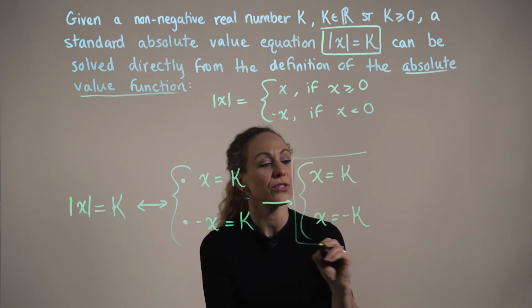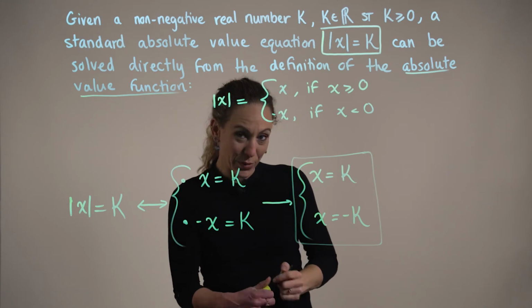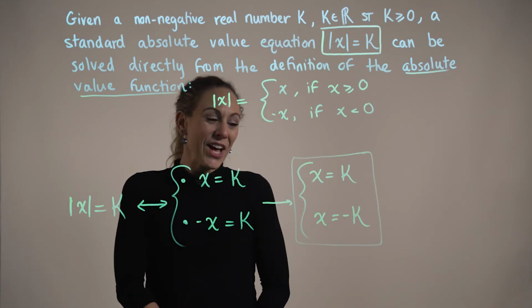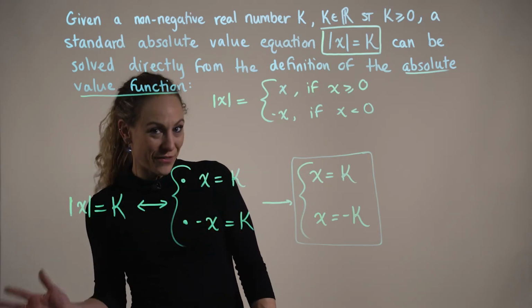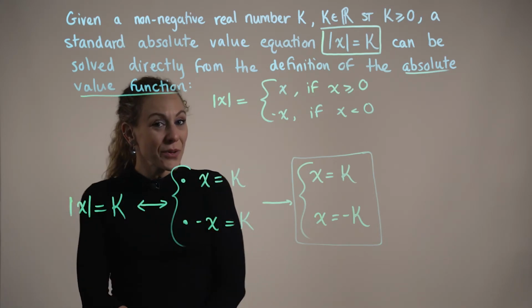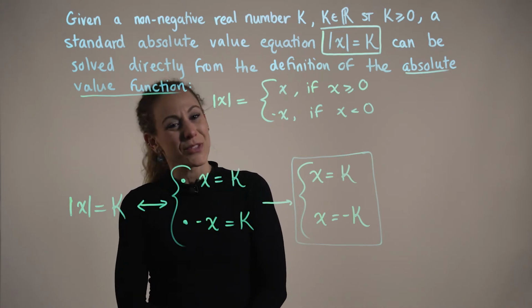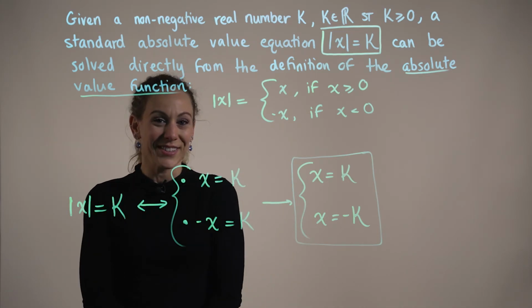So we can see our solution set for this absolute value equation. Now that we have developed some intuition and seen where the formal definition is coming from, let's establish some strategy for solving these types of equations.